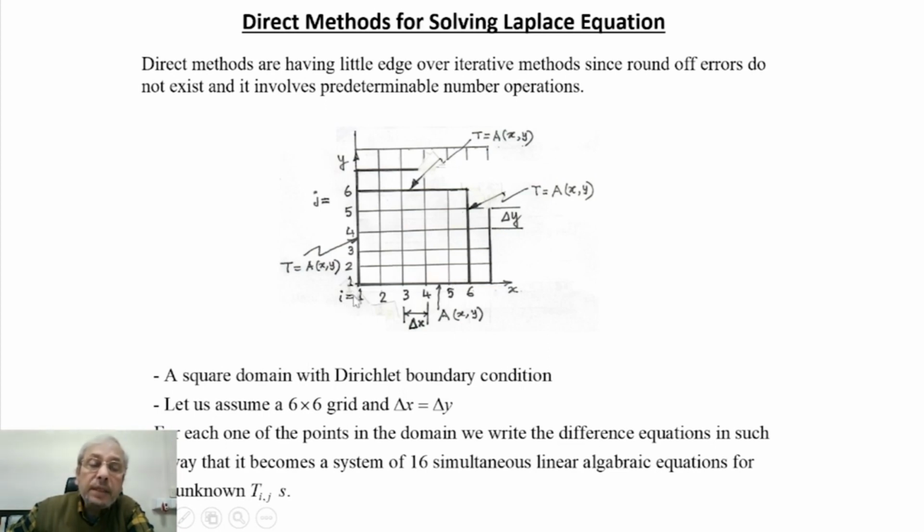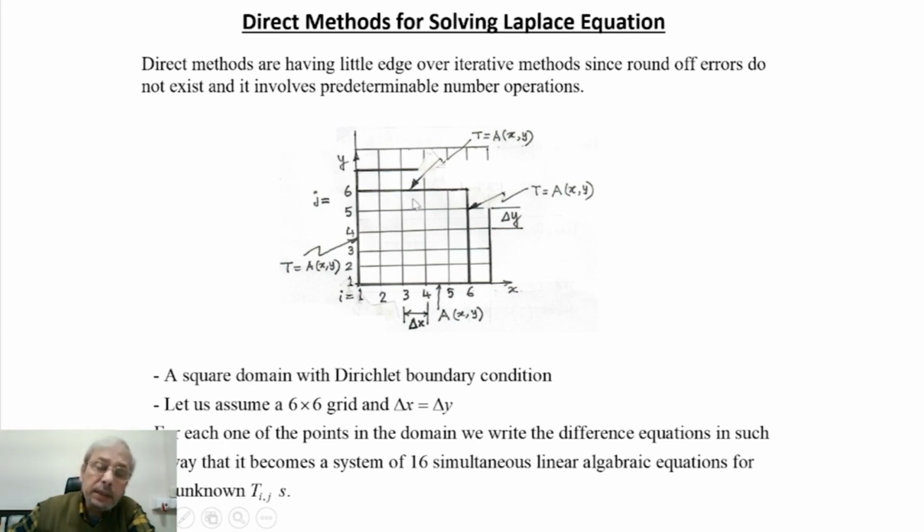In the I direction, or X direction, we have I count 1, 2, 3, 4, 5, 6, that means 5 cells. And in the Y direction, we have J equal to 1, 2, 3, 4, 5, 6, and 5 cells. So 5 into 5, 25 cells are covering this region.